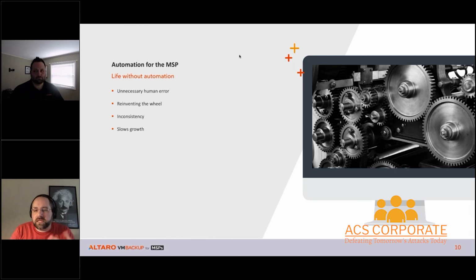All the predictable stuff that goes on in an MSP can be automated away, and that way we can build and build and build, and eventually we don't have to hire as much staff. We can grow faster. So all around, automation is great, as long as you can understand it and embrace it.